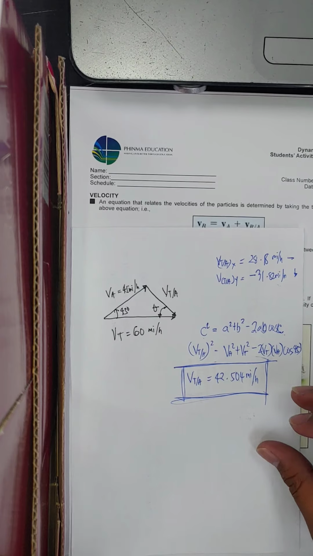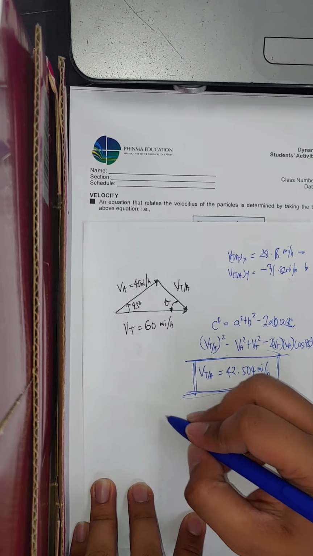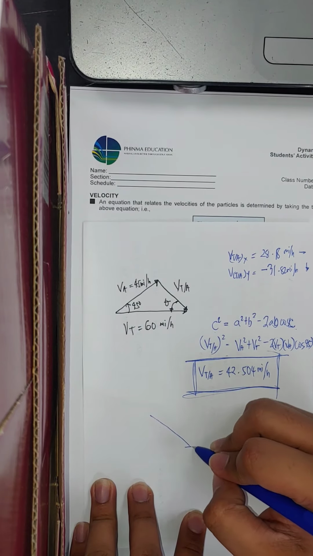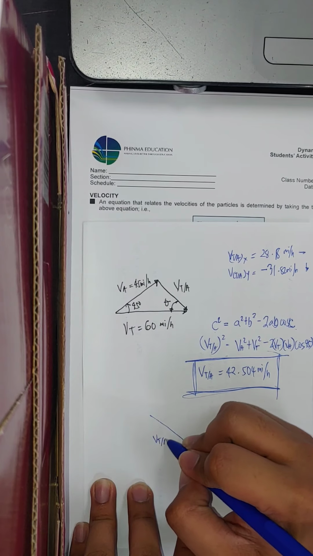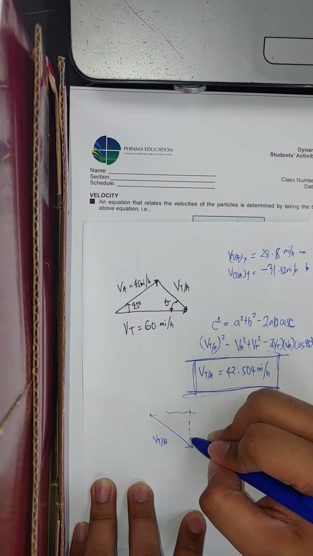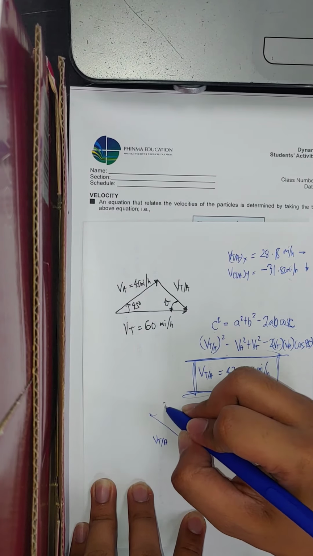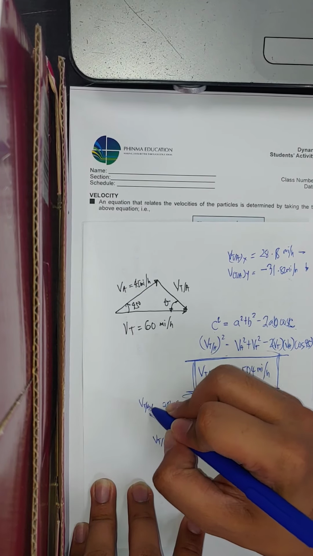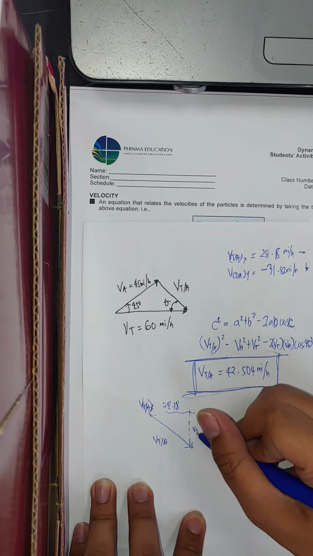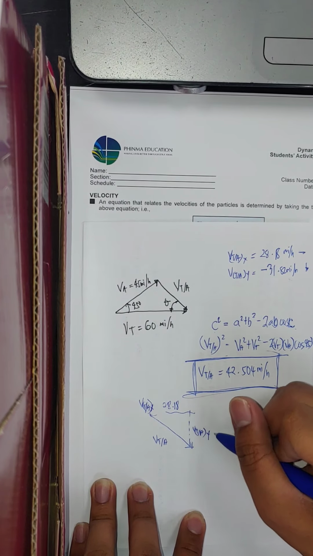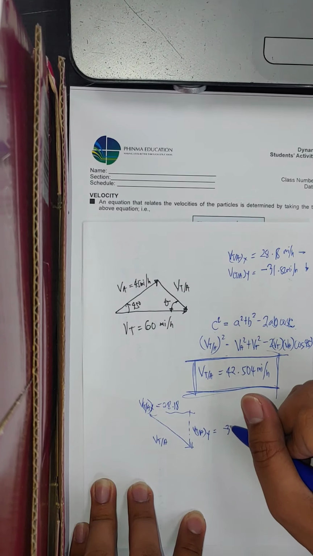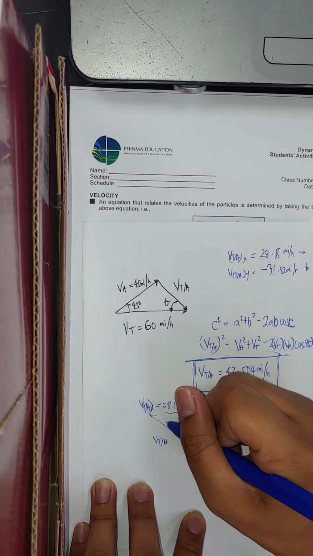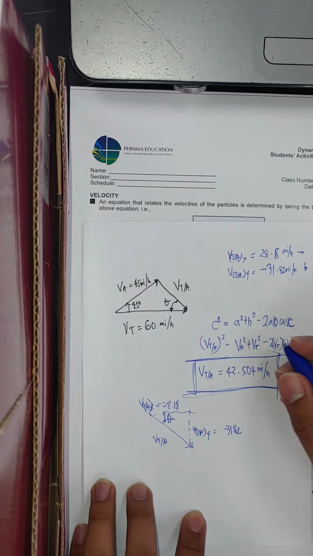And then for the angle, if this is VT of A, we have 28.18, that is VT of A along x, and VT of A along y is equal to negative 31.82. So our angle here is theta.